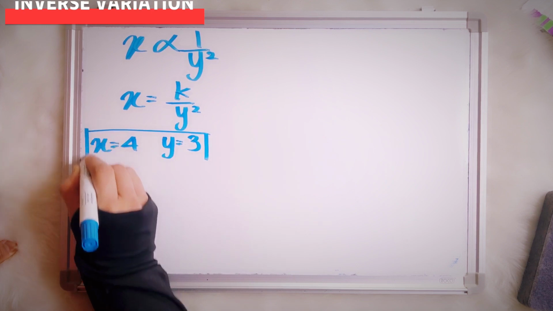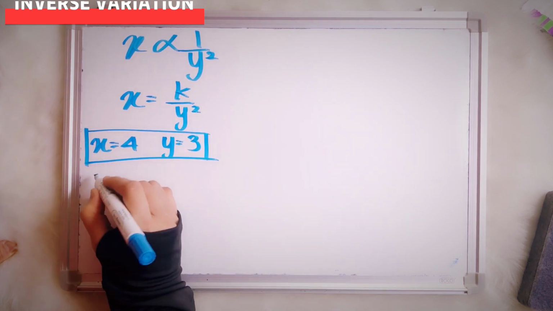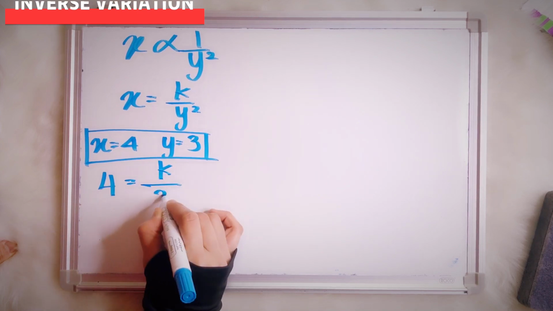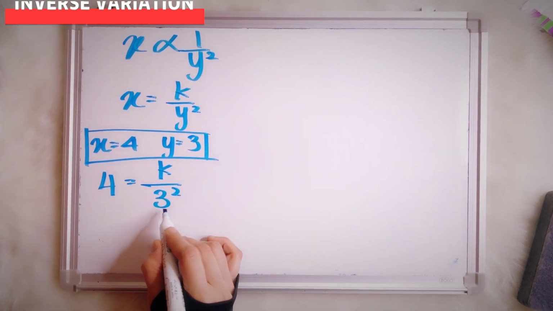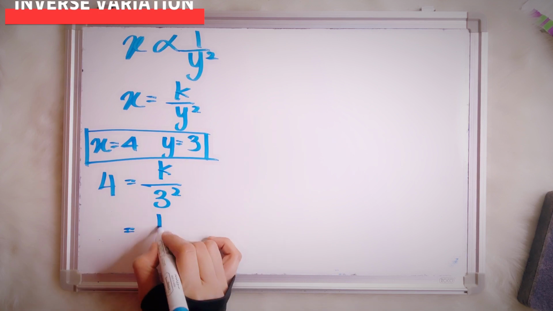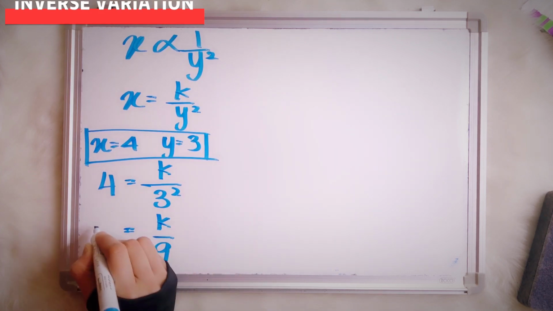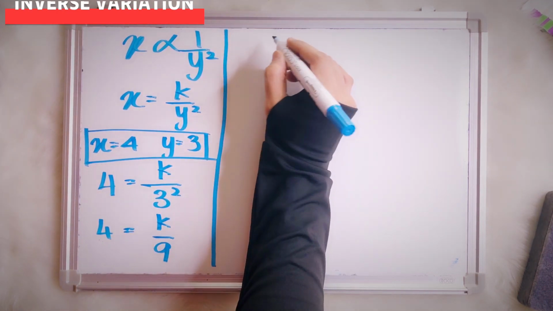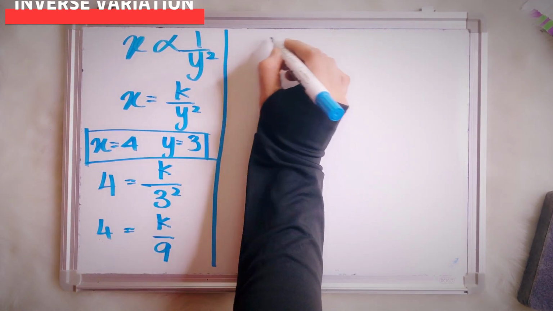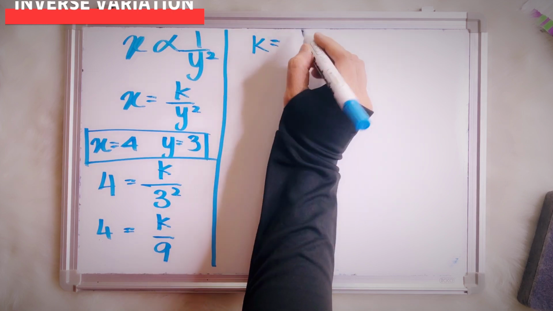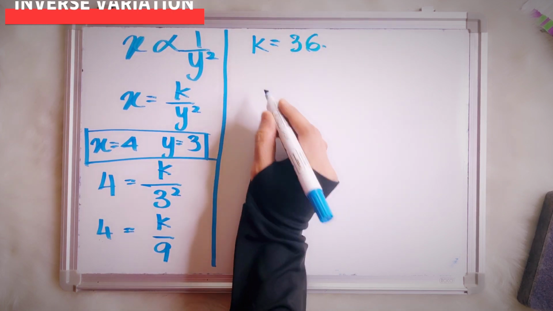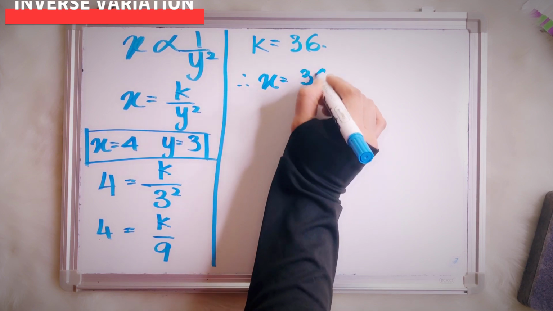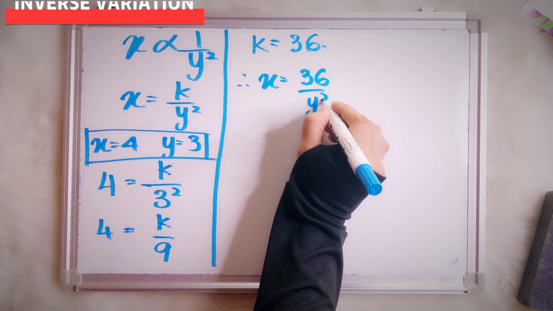So we have to substitute these values inside this equation. So 4 equals K over 3 squared. 3 squared means 9, right? So 9 and 4, now your K will be equal to 36. So your new equation is X equals 36 over Y squared.